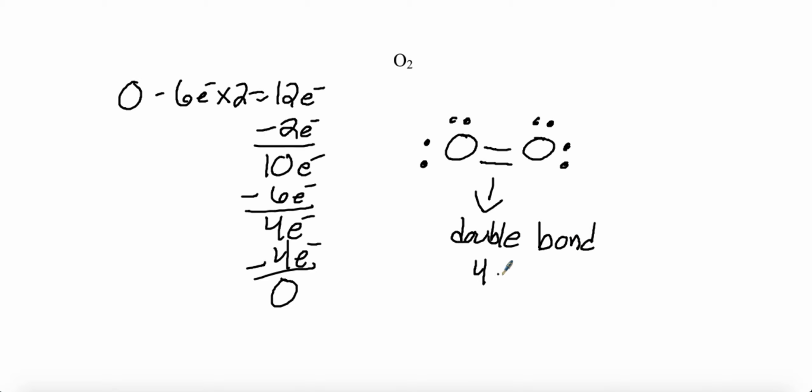So there are 4 electrons being shared now as opposed to just 2 with a single bond. So now the left oxygen still has 2, 4, 6, and 8, but now this right oxygen also has 2, 4, 6, and 8, so it's also filled. So adding multiple bonds increases the sharing of electrons, and sometimes it's necessary.